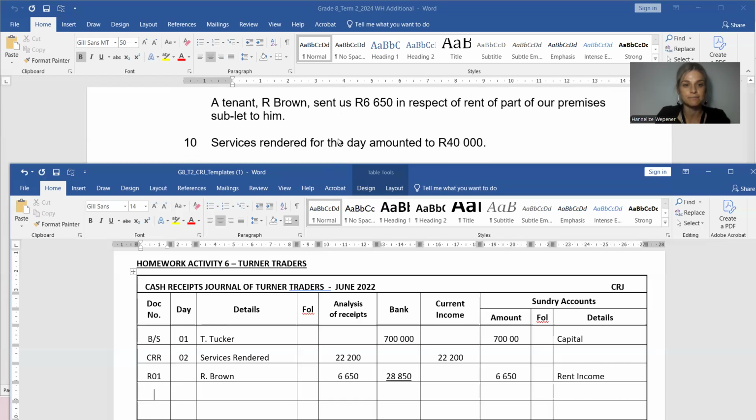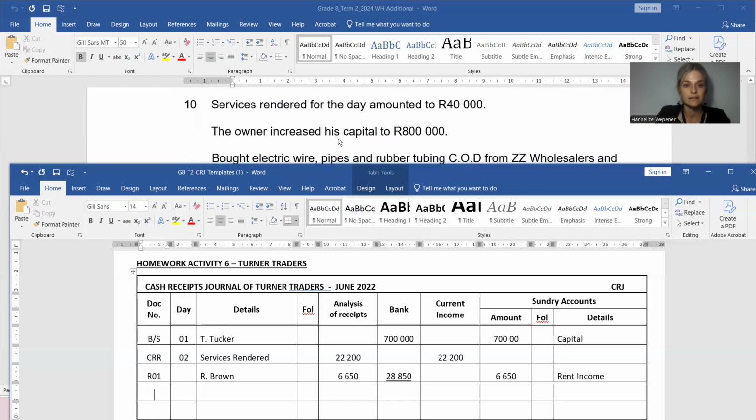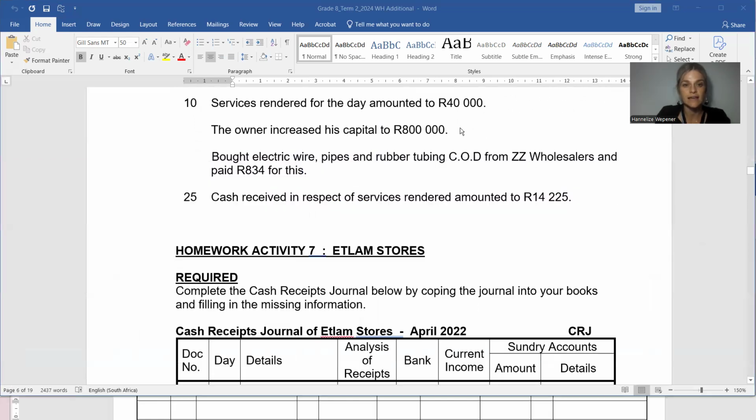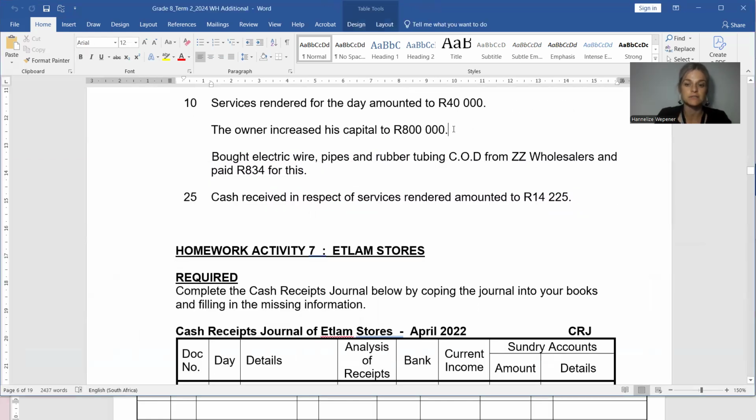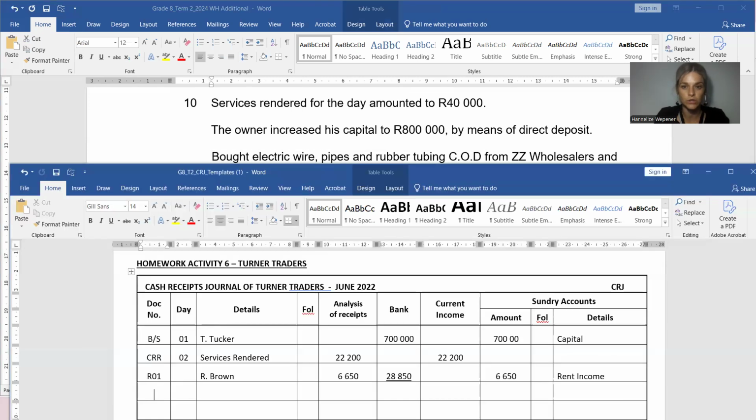Okay, next up, on the 10th, it says that services rendered for the day, and then the owner increased his capital. I'm just going to add there by means of direct deposit because they didn't give us enough information. And then it also says that we bought some goods.